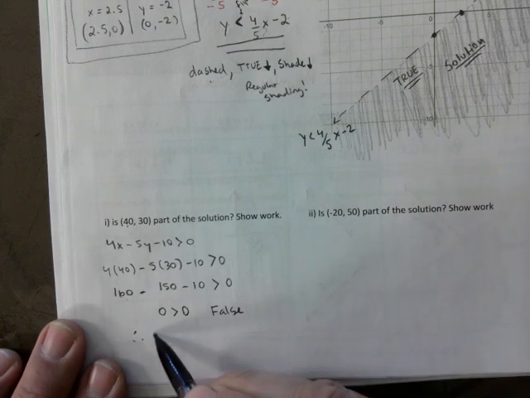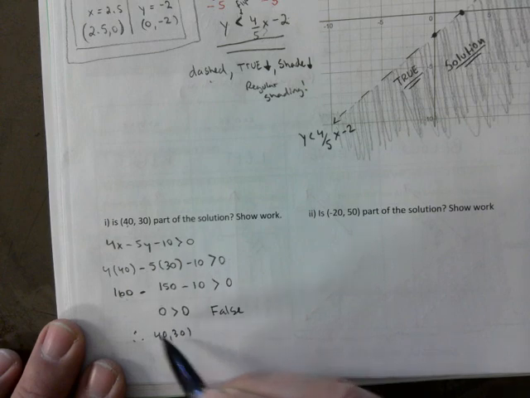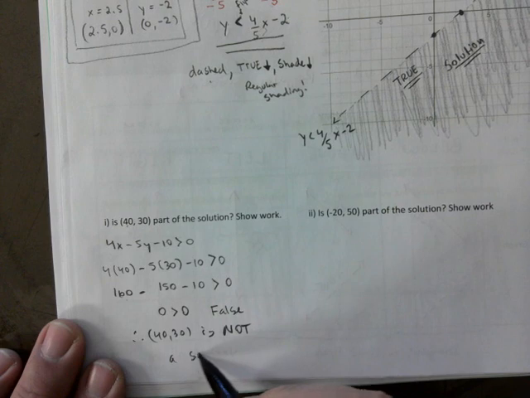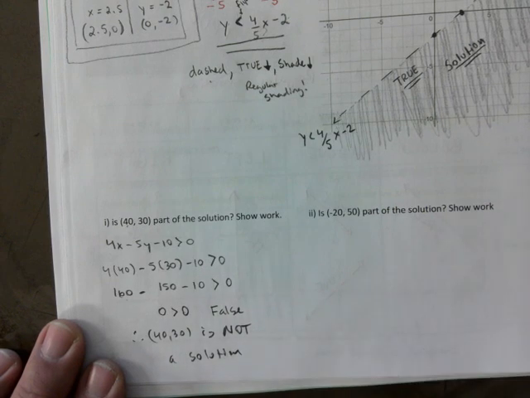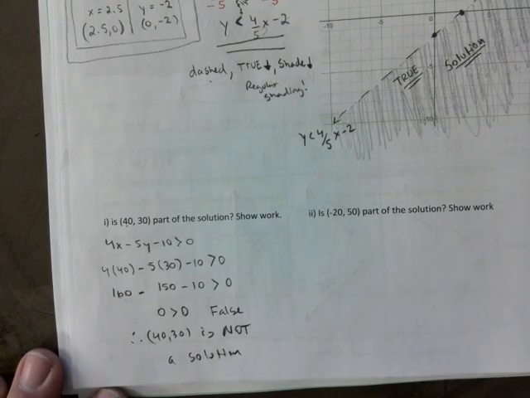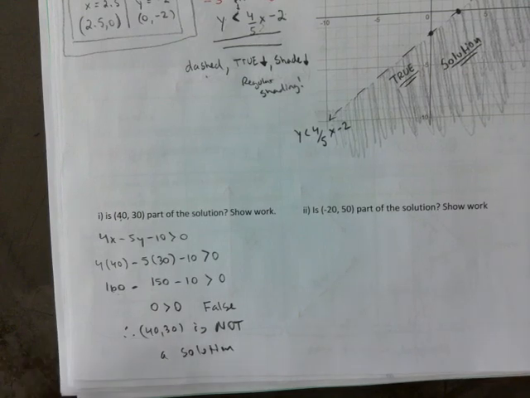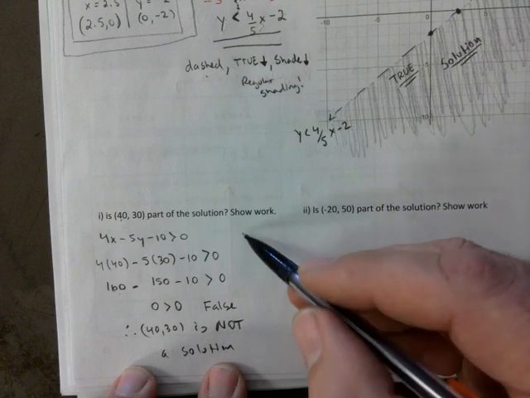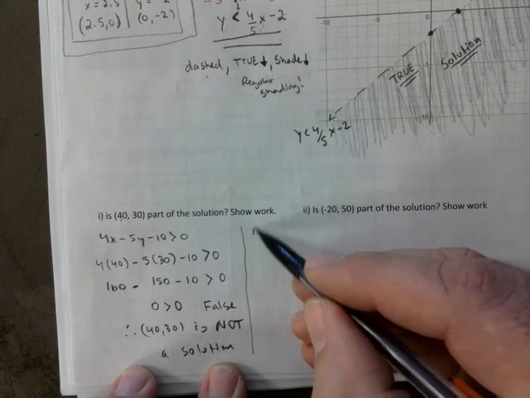Therefore, (40, 30) is not a solution. Okay, not. Question. This is very important. It's such a slight difference, but it's important. Would this be true? Just an aside.